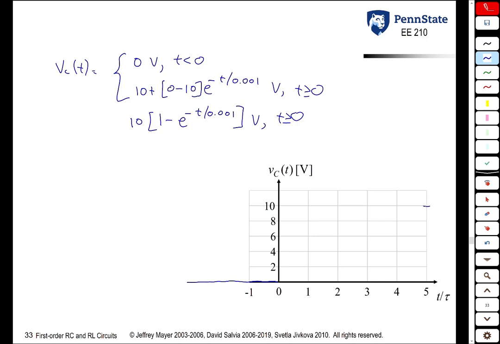How long does it take to get there? It takes 5 time constants. And if you look at this plot, we have the x-axis as normalized time, so it is going to take 5 time constants, or in this case 5 milliseconds, to get there. And this is where we're going to have, once again, this exponential shape.